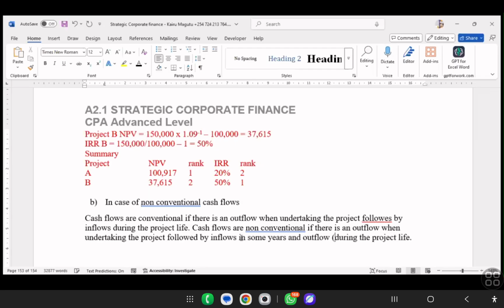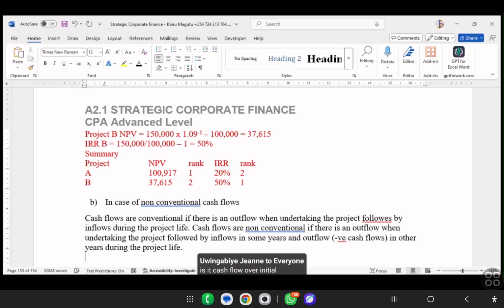This is negative cash flows. Project followed by inflow in some years and outflows in other years during the project life.